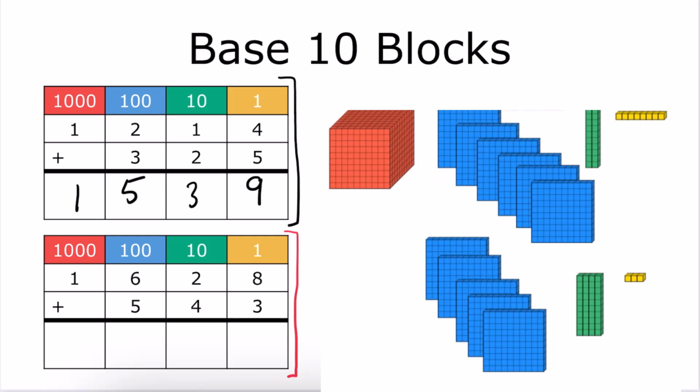So this problem could be visualized with 1,000, 600s blocks, 2 tens blocks, and 8 ones blocks, then 500s, 4 tens, and 3 ones.